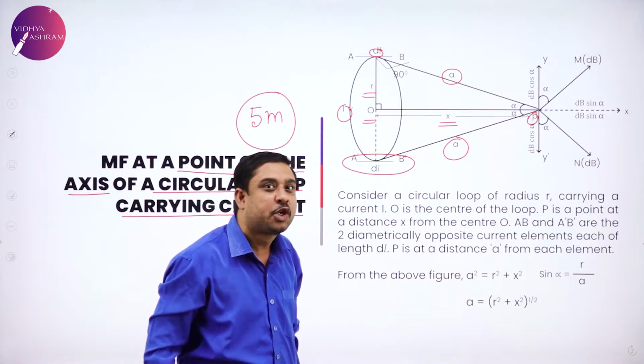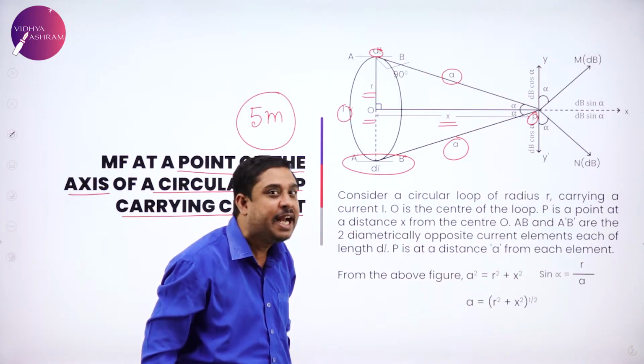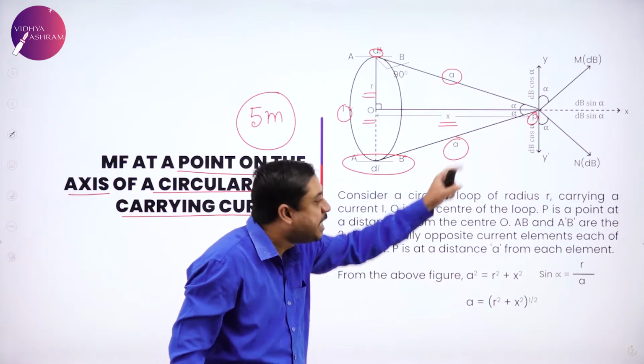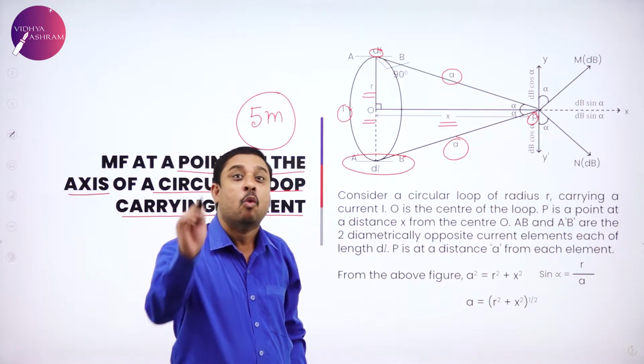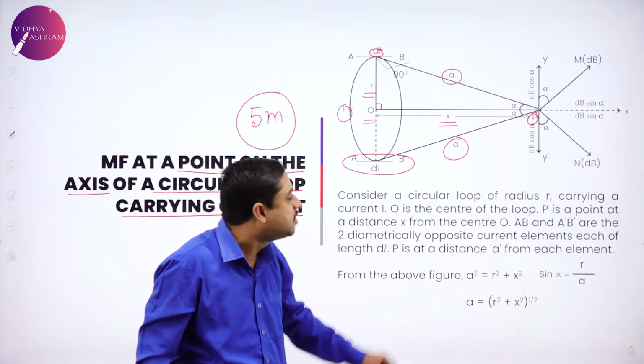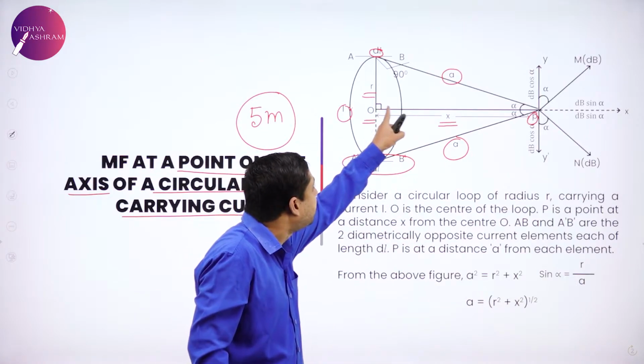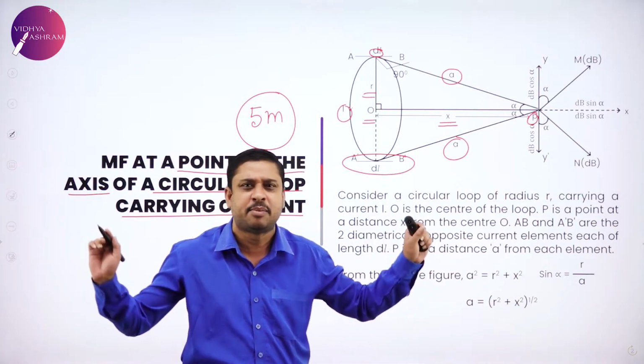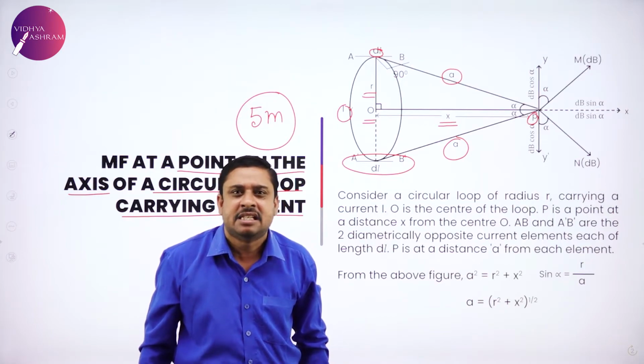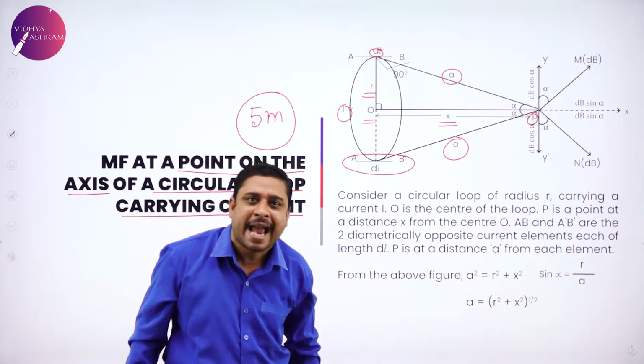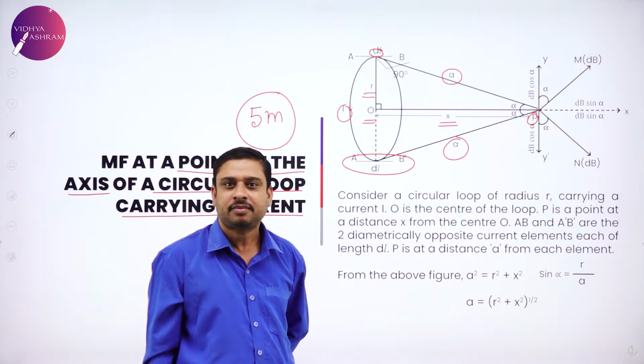Where am I calculating the magnetic field? At the point P. What is its distance from the center of the coil? X. Very simple. P is at a distance X from the center.